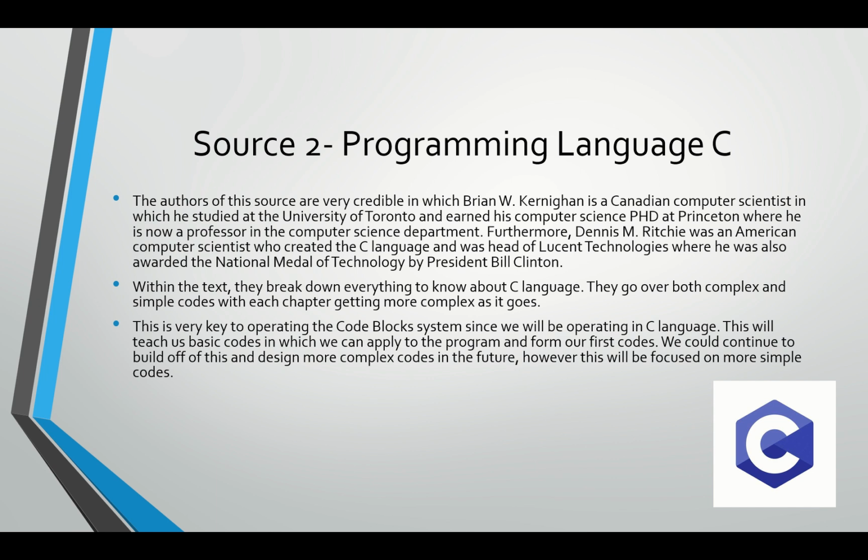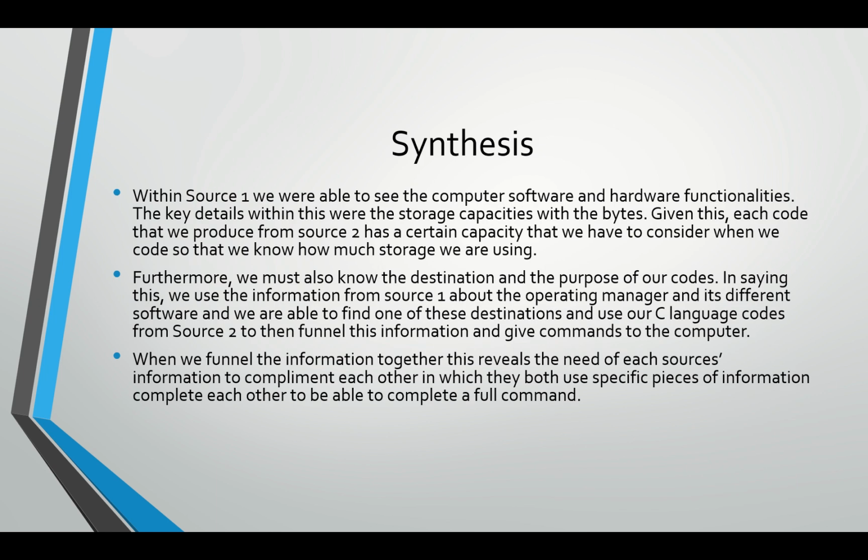Now, this is very essential to learning the CodeBlocks system since we will be using the C language to operate it. So, this will teach us the basic codes which we can apply to the program and perform our first codes. We could continue to build off of this and design more complex codes in the future using the guide, but right now we're focusing on the more simple codes.